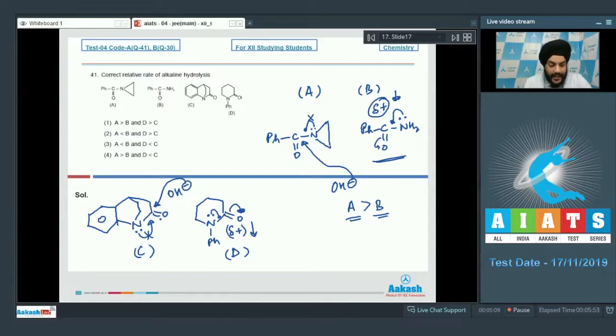Okay. So if we talk about the reactivity of C and D, students, we can clearly see that C is more reactive than D. If you look at the options which are given to us, we have to mark the correct answer to this question as option 4. Okay. So A is more than B and C is more than D.